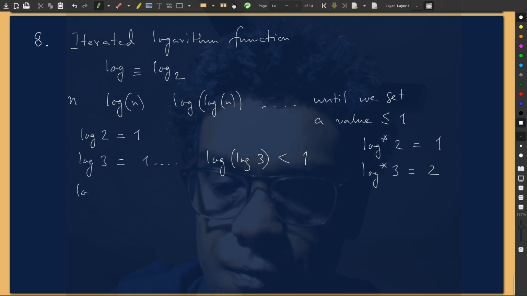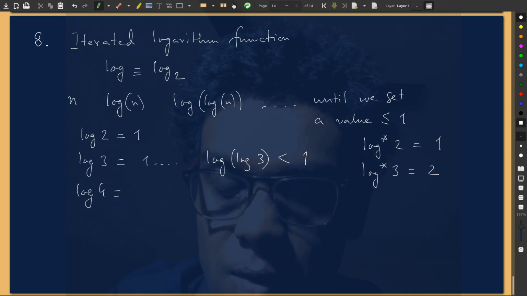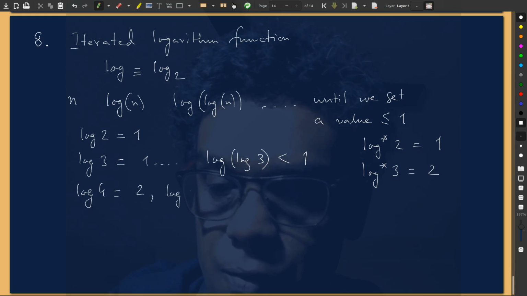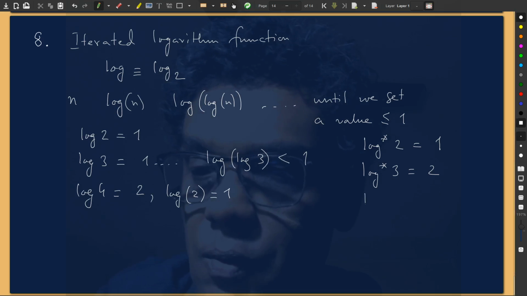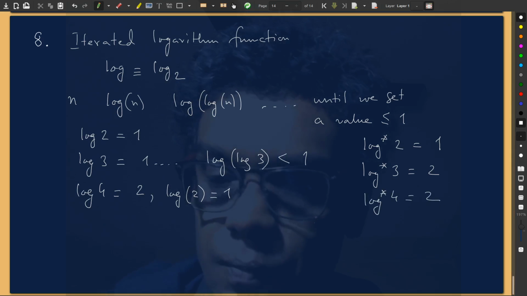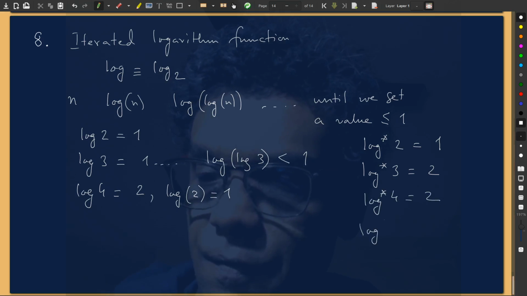What is log star 4? 2. Log of 2 is 1. So log star 4 is also 2. Then log star 5 is 3.